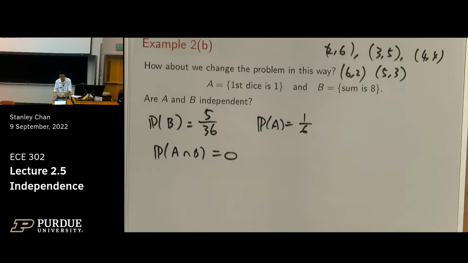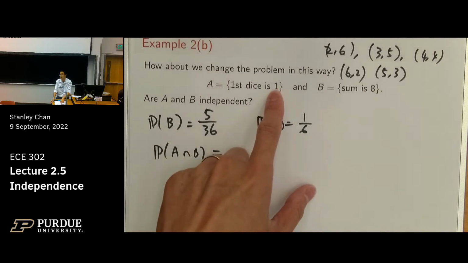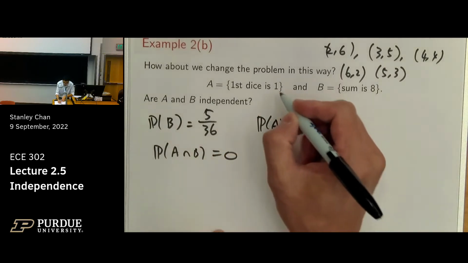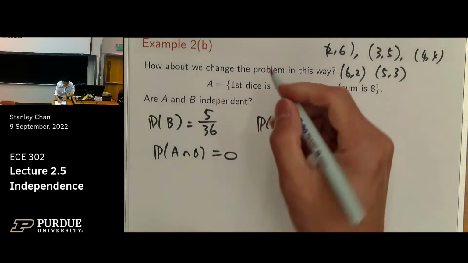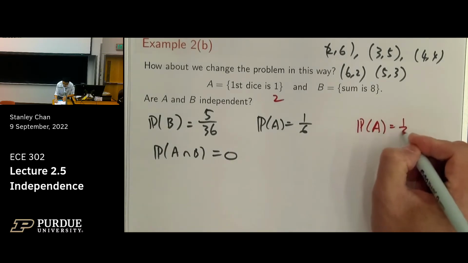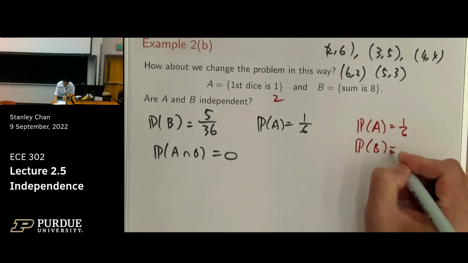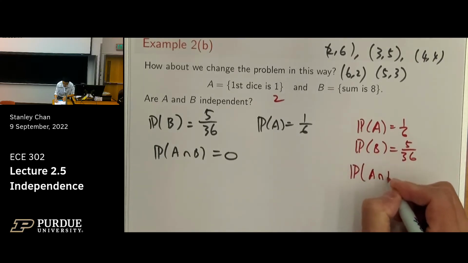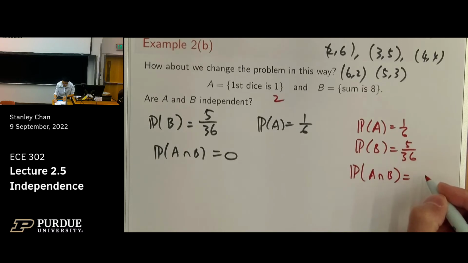Okay, so now let's go back to here. Okay, before I do that, if you don't like this 0, you feel this is just too outlier, make it to 2. You have a different number. If you make it to 2, then probability of A is 1/6, probability of B is 5/36, but then the probability of A intersect B will be, how many?